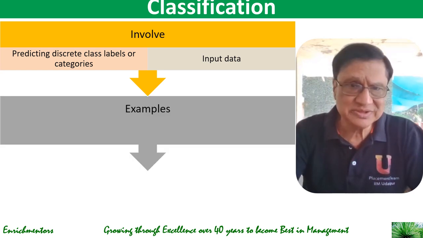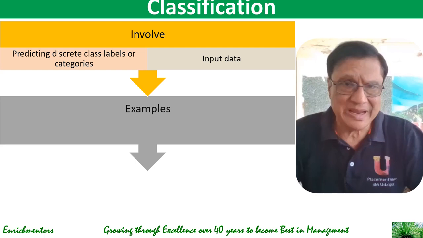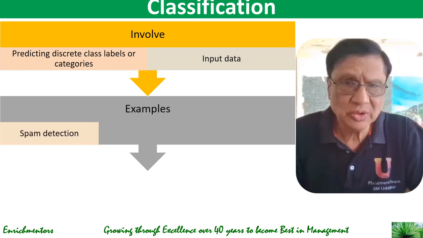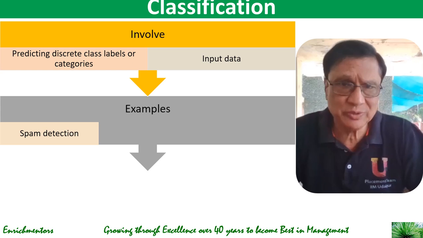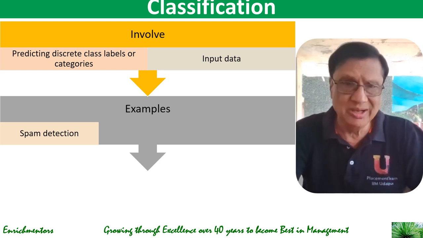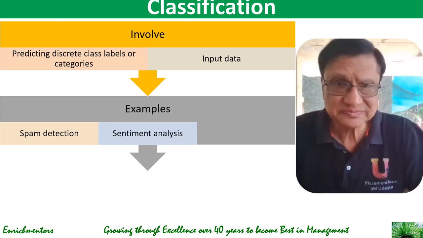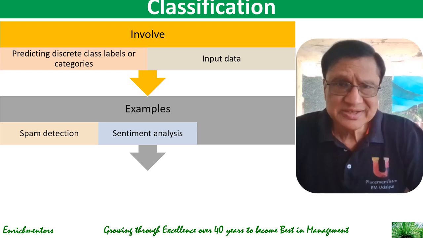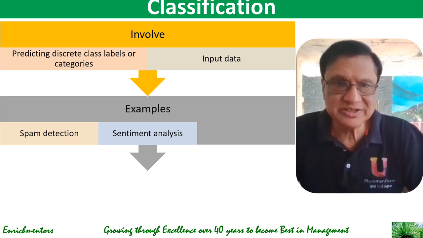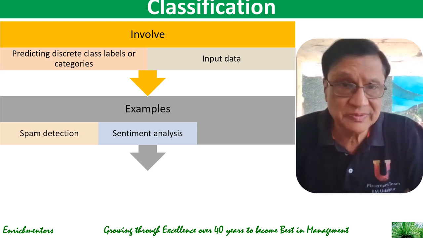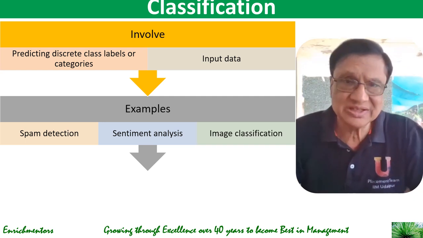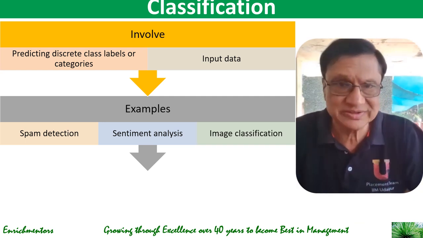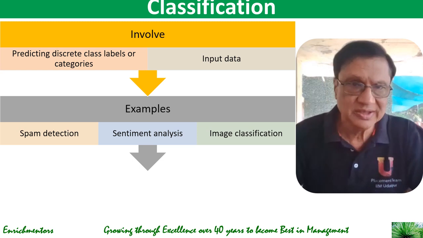The examples include spam detection, whether a particular mail or message is spam or not spam, two categories. Sentiment analysis, whether the sentiment expressed by the comment is positive, negative, or neutral, three categories. And image classification, which could involve any number of categories, for example cat, dog, and bird.